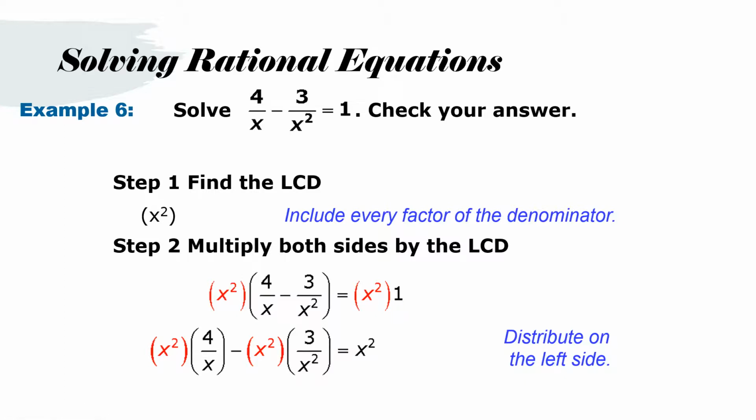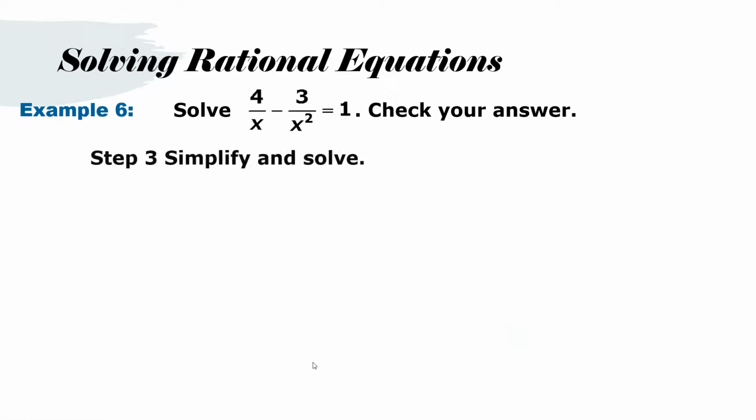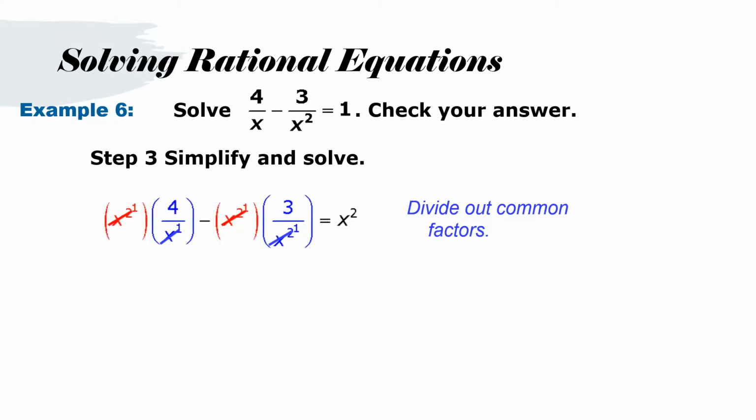Then investigate whether there are common factors in the numerator and the denominator in each term. So you have x squared over x, x squared in the numerator, another x squared in the denominator. So we can now simplify and divide out the common factors.